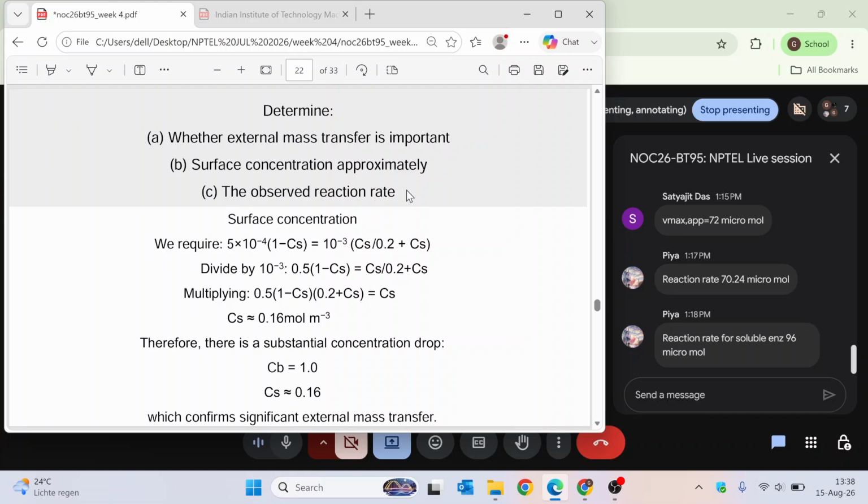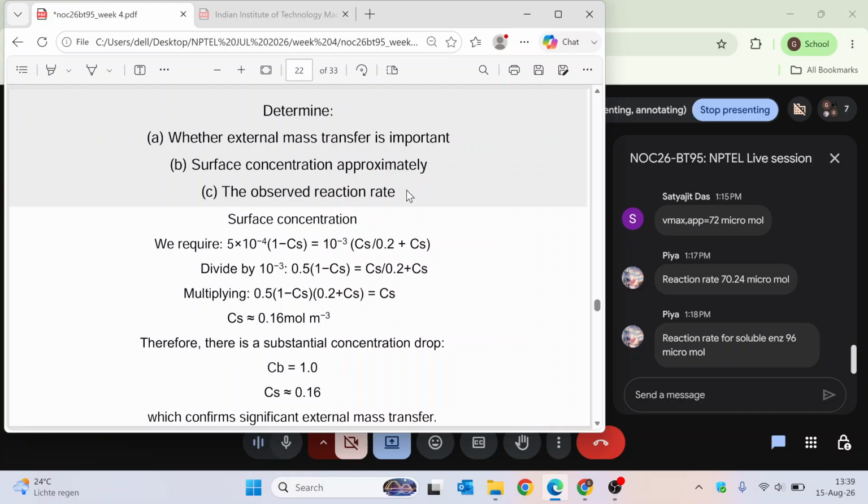In order to solve it, you are going to divide both sides by 5 into 10 to the power minus 4, or it's the same, divided by 10 to the power minus 3 multiply 0.5, it's all the same.